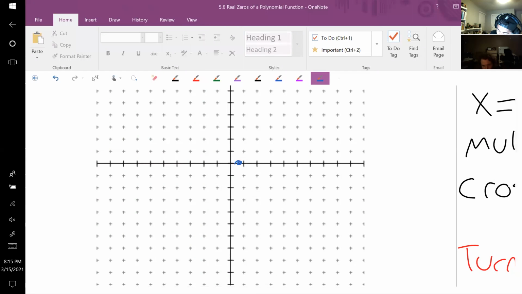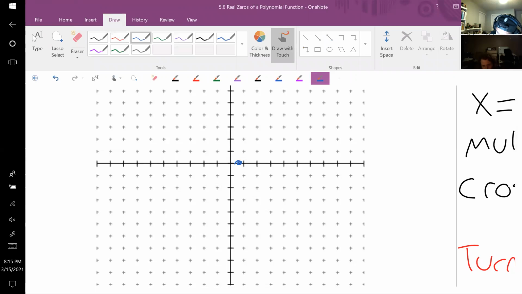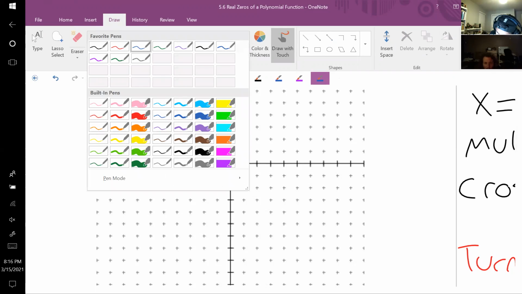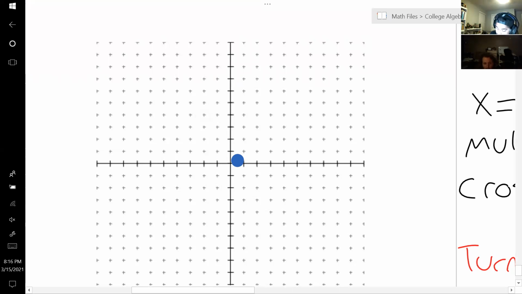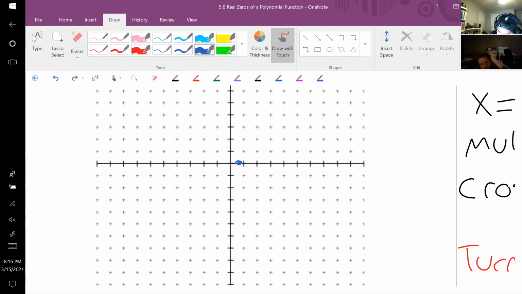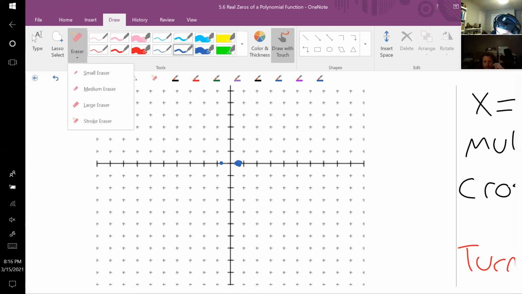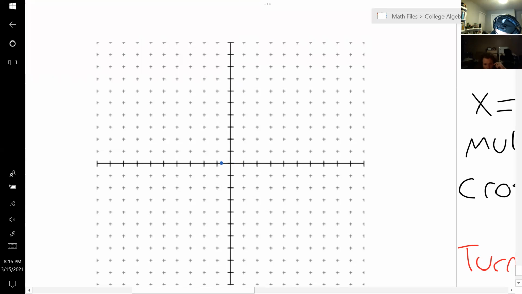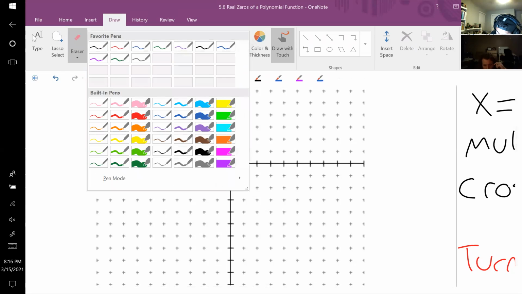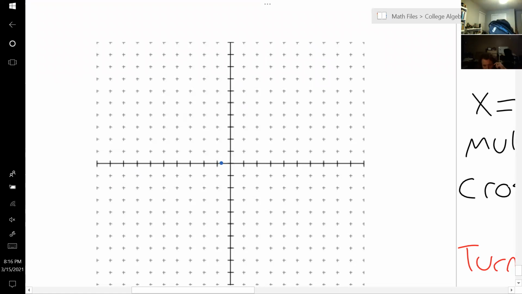There we go. 0.71, negative 0.71. Let me erase that. That one's bad. And then what was the other one? 5. And then the y-intercept at 5. 1, 2, 3, 4, 5.